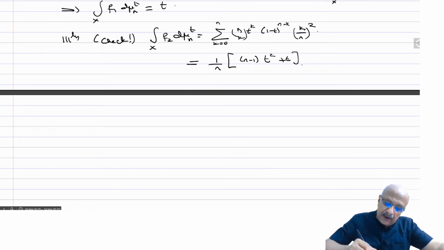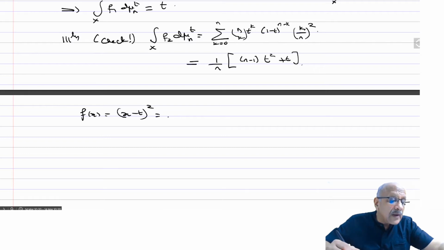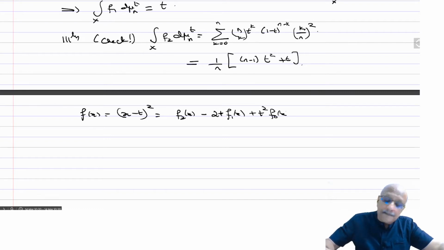So now if you write f of x equals (x minus t) whole square, that's equal to x square, which is f2 of x, minus 2t times x, which is f1 of x, plus t square f0 of x.